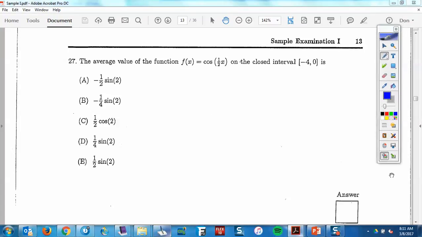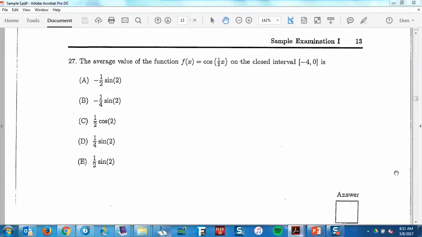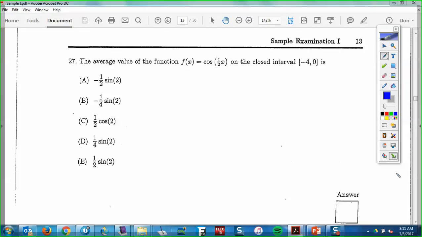Okay, let's talk about that one here. So the average value of this function on the closed interval -4 to 0 is. So what are we going to do there?